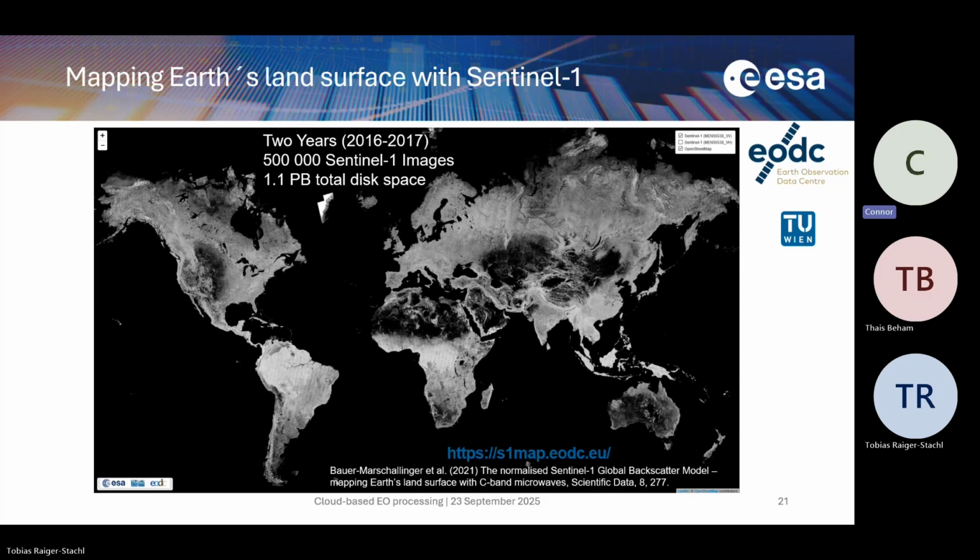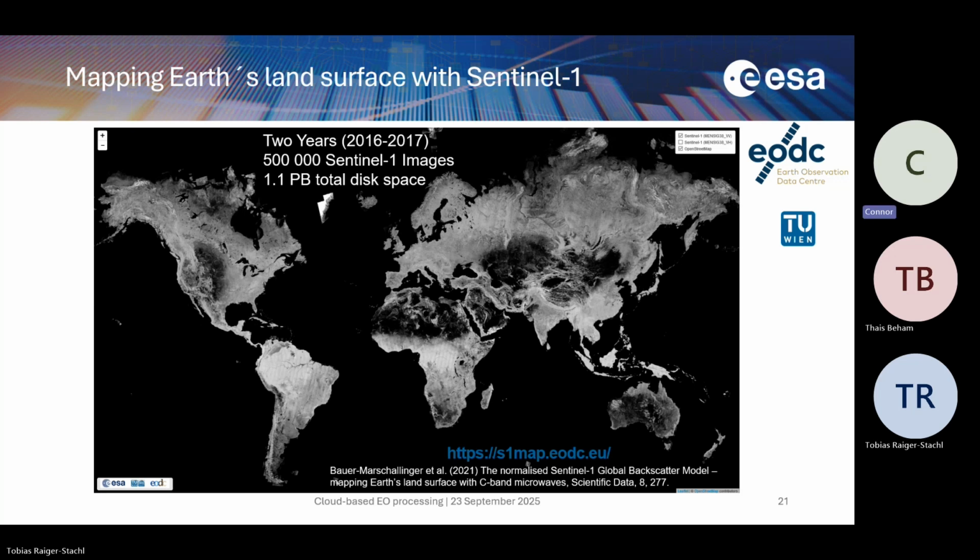As you can see, it was a tremendous effort, because processing all this data and aggregating it for the whole globe encompassed around 5.5 million Sentinel-1 images, just for these 2 years, 2016 and 2017. This also gives you a hint of the volumes we have to deal with when dealing with satellite imagery.